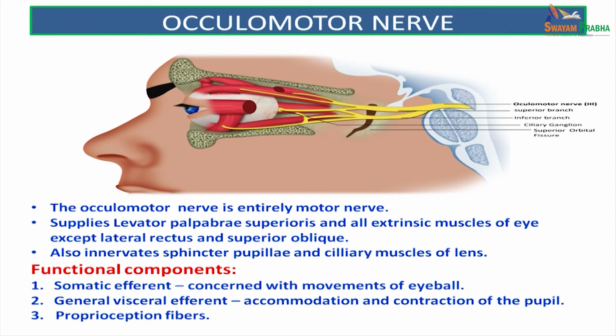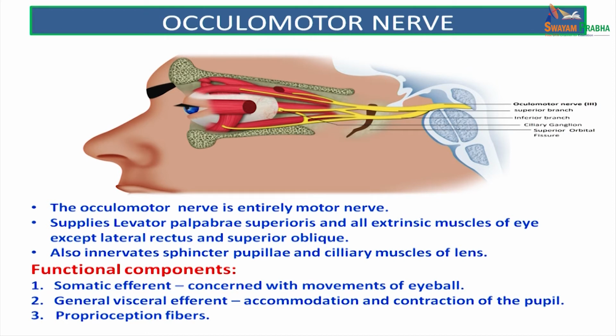It also innervates the sphincter pupillae and ciliaris muscles of the lens by the parasympathetic fibers which it carries from the Edinger-Westphal nucleus. So, the functional components of the oculomotor nerve: it mainly carries the somatic efferent fibers, which are concerned with the movements of the eyeball.